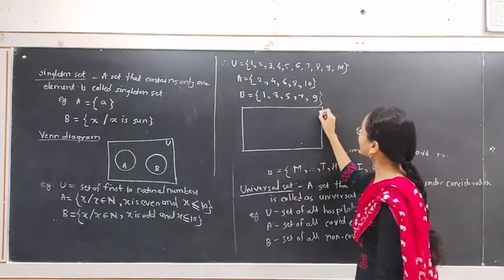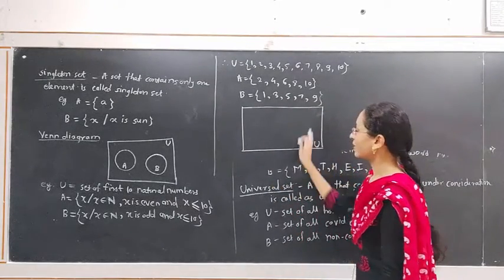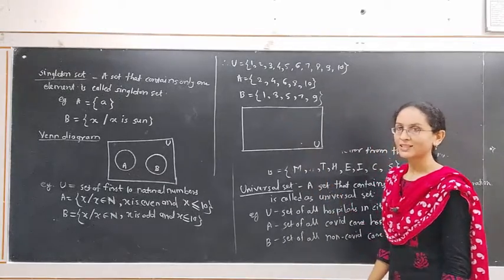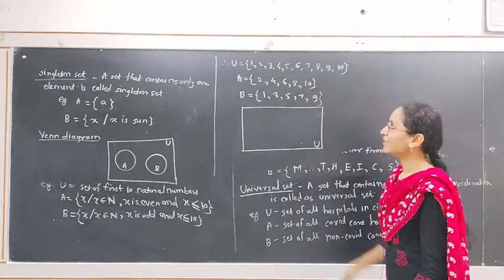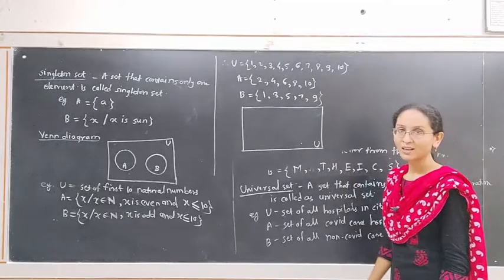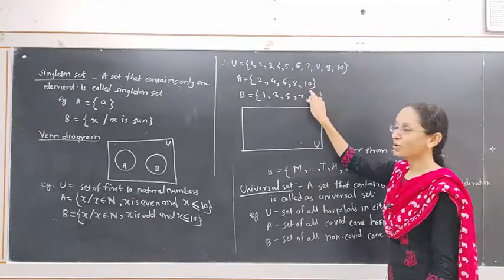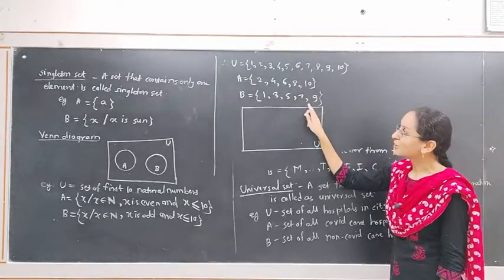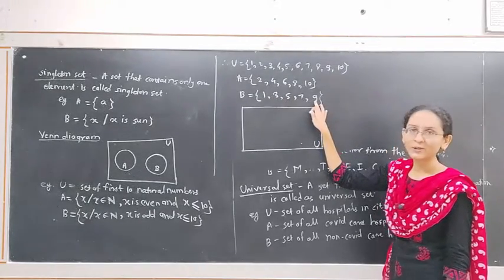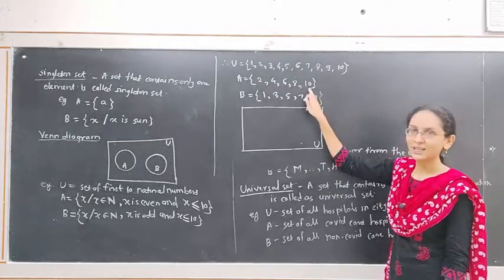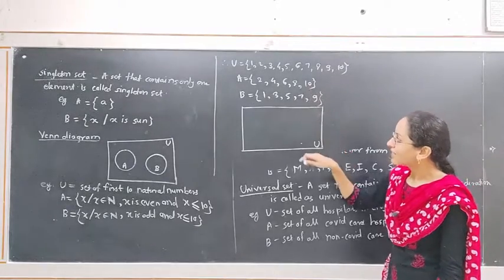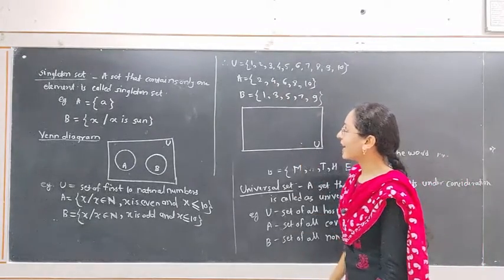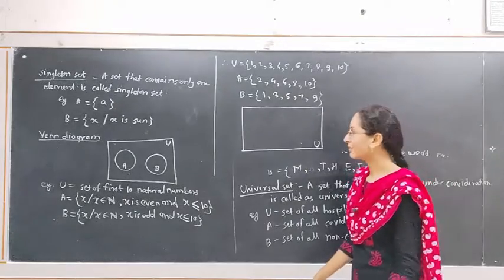this is the set U, the set of all first 10 natural numbers. This set is A that contains 5 elements, and these elements of set A do not belong to the set B. Also, none of the elements of set B belongs to the set A. Hence, we represent A and B in different form.